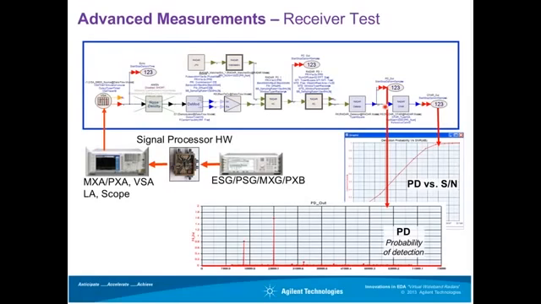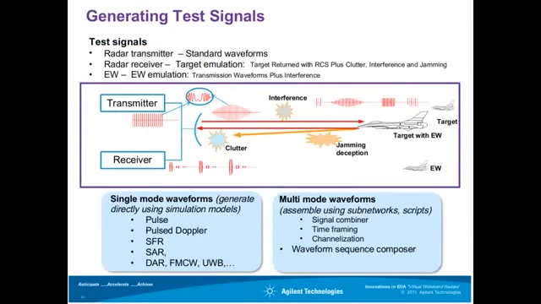For example, this is a pulse Doppler system. At this point, in the time domain, you have no way to detect a return target. However, going through this type of signal processing, you will extract the pulse, and you can do the detection probability. In this way, the SystemVue platform extends the measurement capability for you.